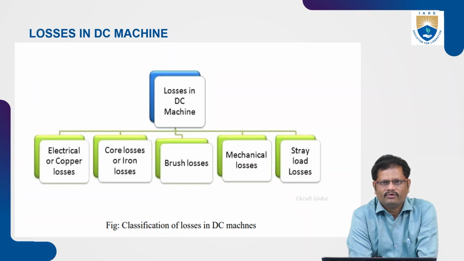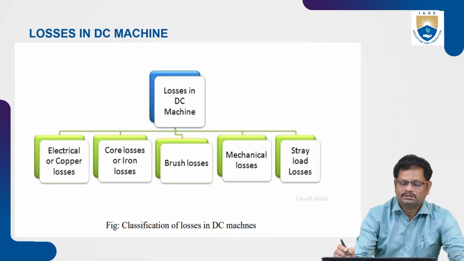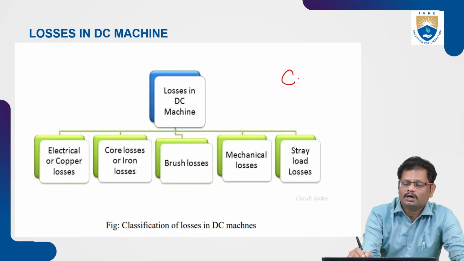The induced EMF in a DC generator is dynamically induced EMF, and here it has rotating parts. So definitely there should be mechanical losses and rotational losses. Coming to the losses in DC machine, losses can be classified as core losses and copper losses. Core losses are iron losses.